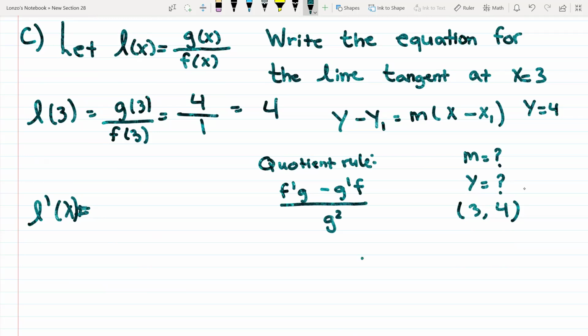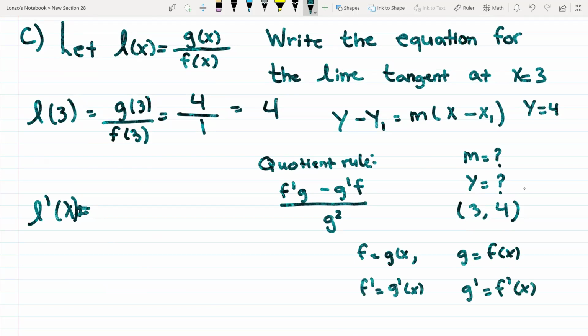Our f is the numerator, so f is g of x, and g is f of x, right? So f prime is g prime of x, and g prime is f prime of x.